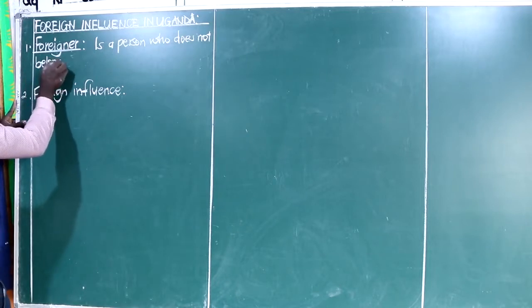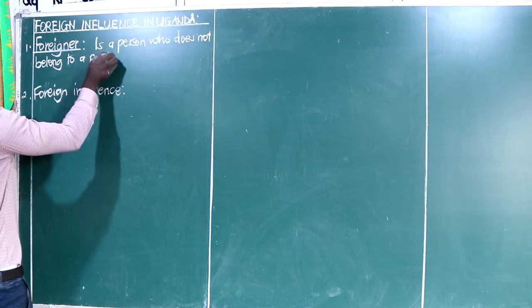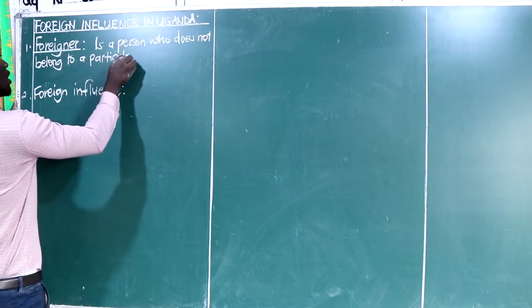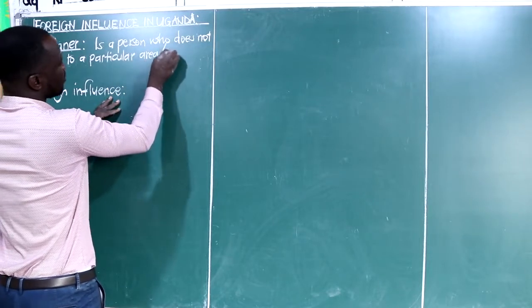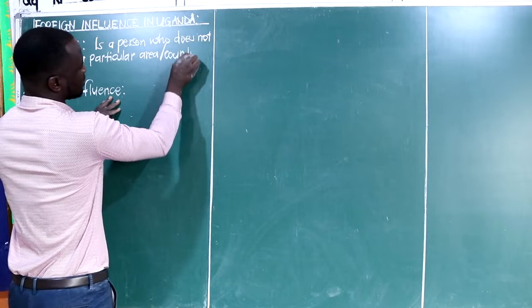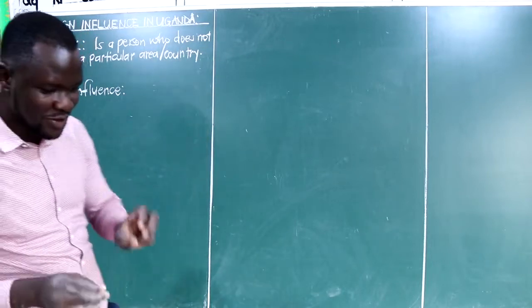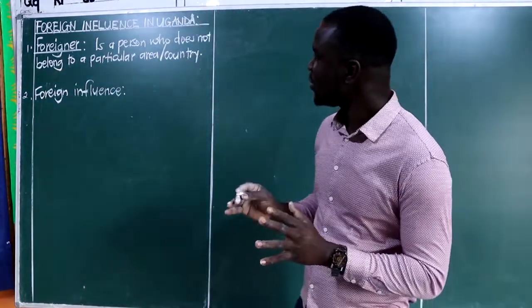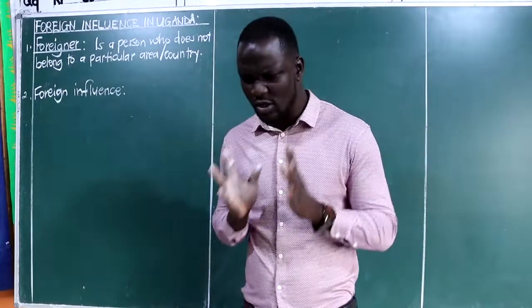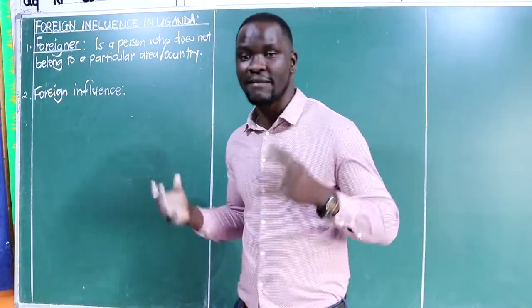Who does not belong to a particular area or country. That is the first thing we have to note as primary 5 children. A foreigner is a person who does not belong, that person is not supposed to be there. In other words, it's like a visitor.